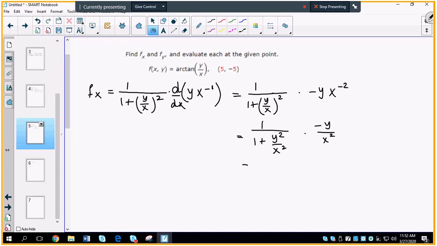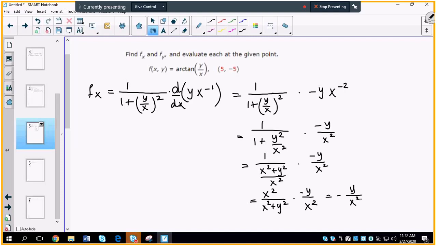Which is equal to 1 over x squared plus y squared all over x squared, when you find the common denominator and combine terms, times minus y over x squared, which is equal to x squared over x squared plus y squared, the reciprocal of the bottom, times negative y over x squared. And I can clearly see that the x squared terms will cancel each other, and I will get negative y over x squared plus y squared.